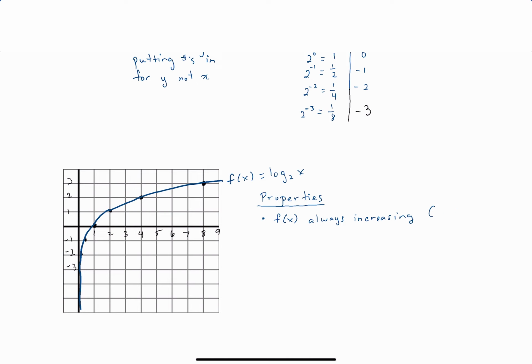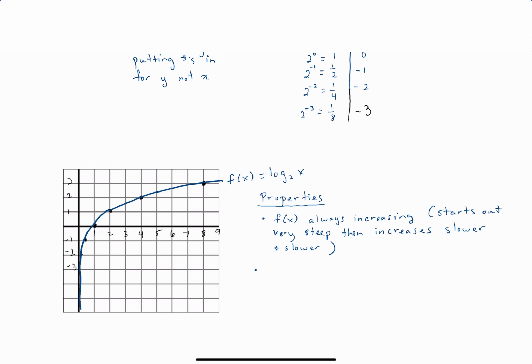Maybe the best way to say this is it starts out very steep, then increases slower and slower. So it's always increasing, it's always going uphill, but it slows down its rate of increase as it goes along.